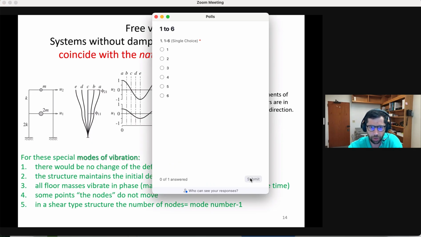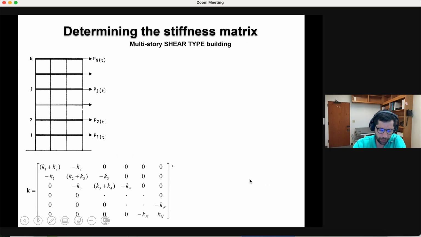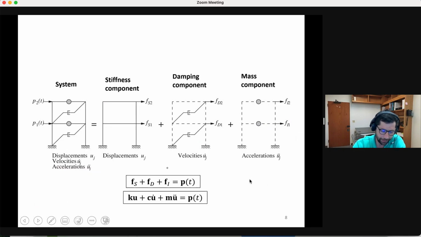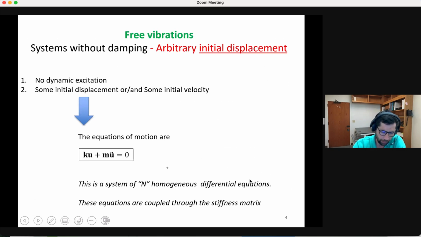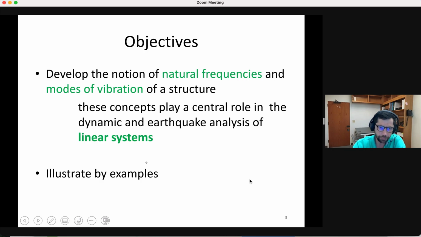Option 1 is yes. Option 2, no, not at all. Option 3, maybe only a part of these topics. Okay, so it seems that you have seen these topics in other classes. So this will help me as well with describing these topics.